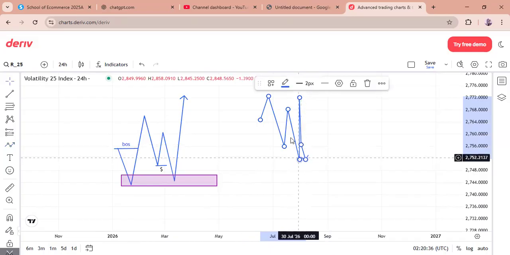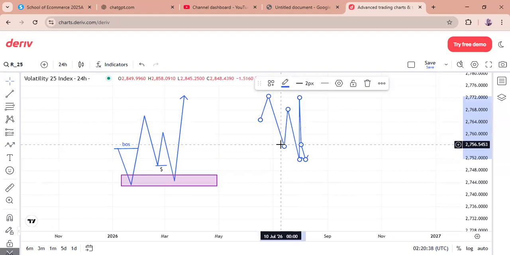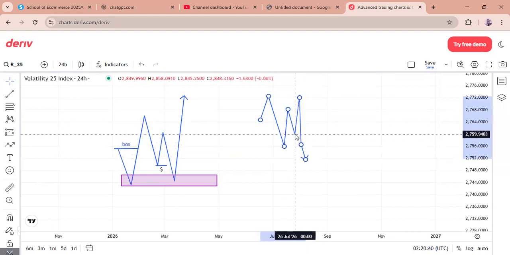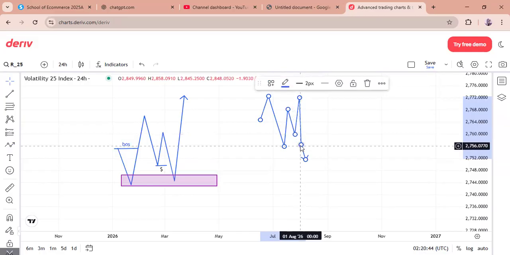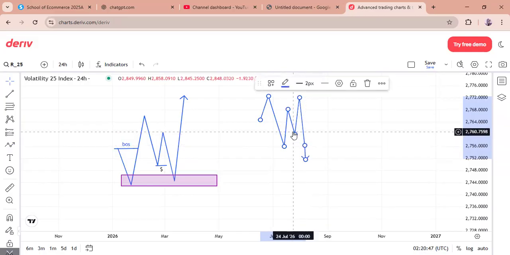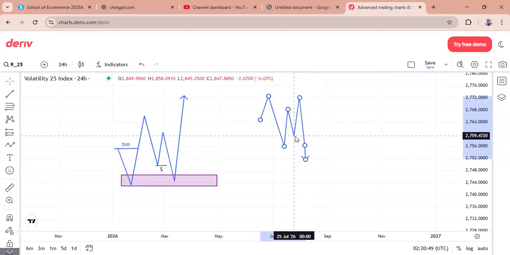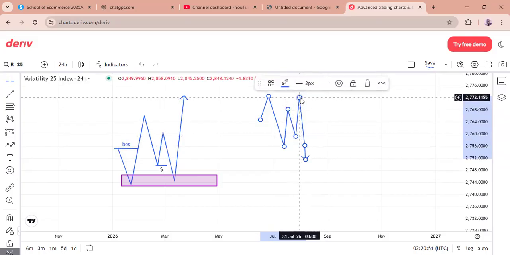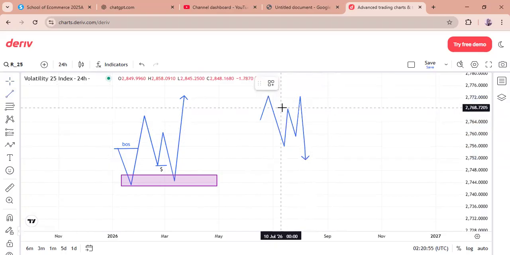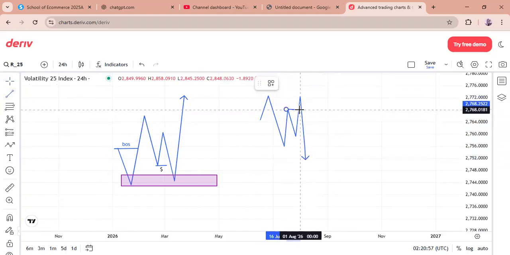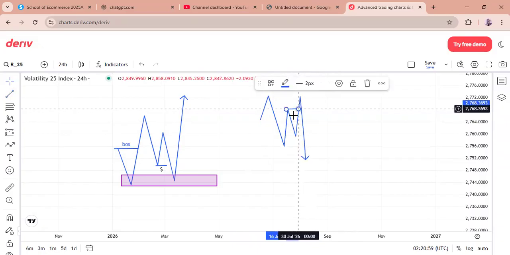Sorry, it's meant to be like this. And price gets close to the zone, it pulls back. So we have an inducement being created here.